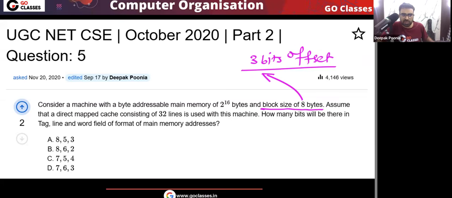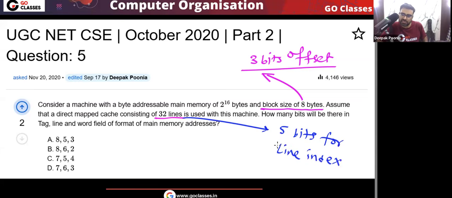Now let's find the number of bits required for line index. You can see that the number of lines is 32. So the number of bits required for the index field will be 5 bits. Yes or no? 5 bits for line index.